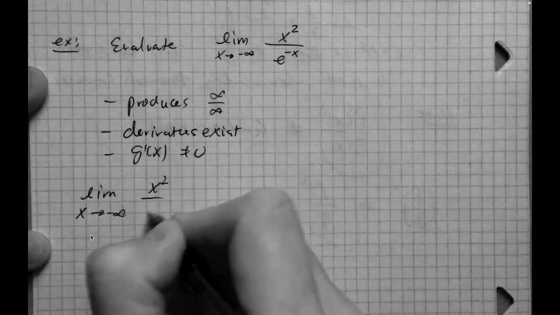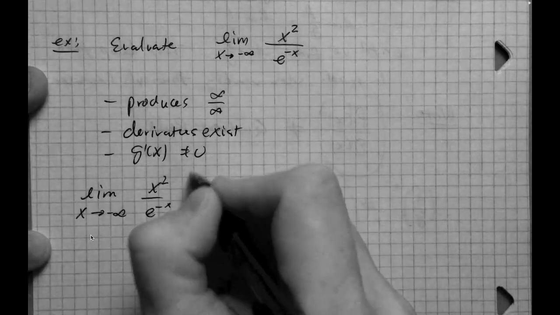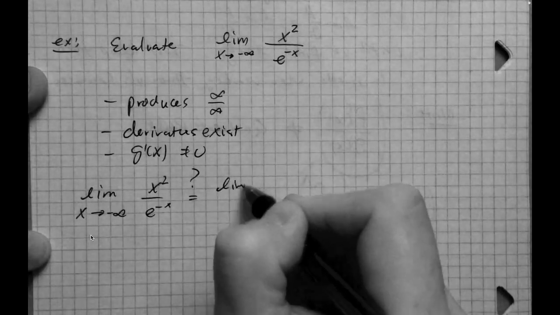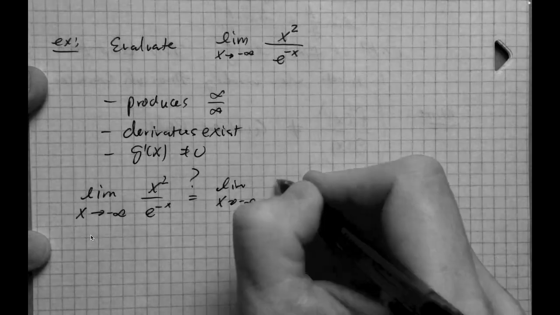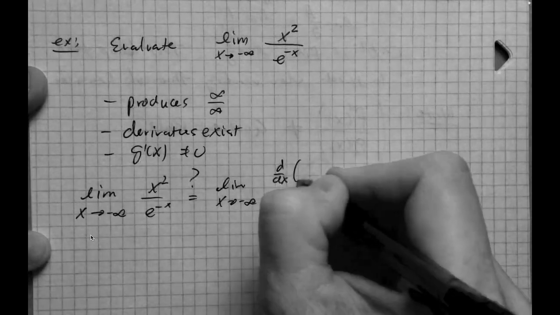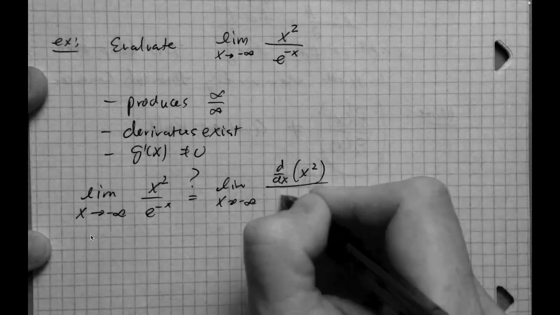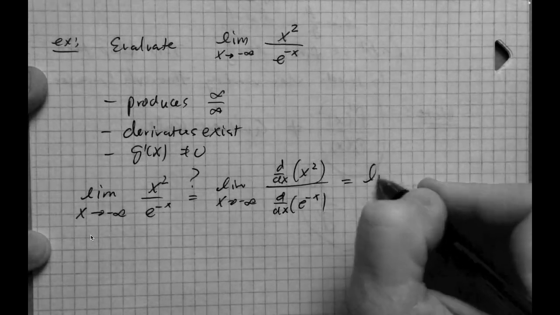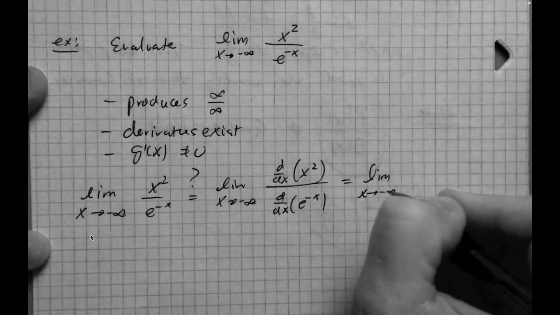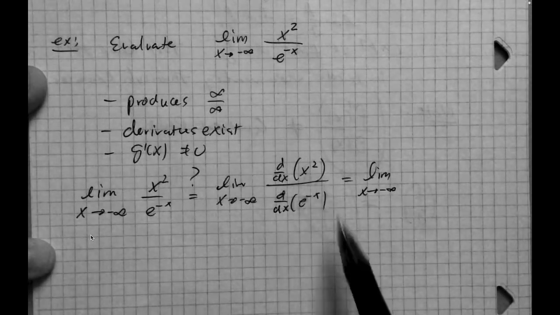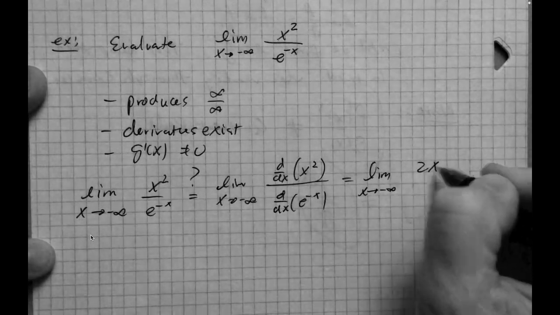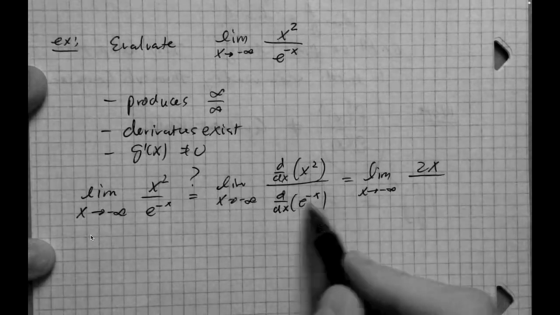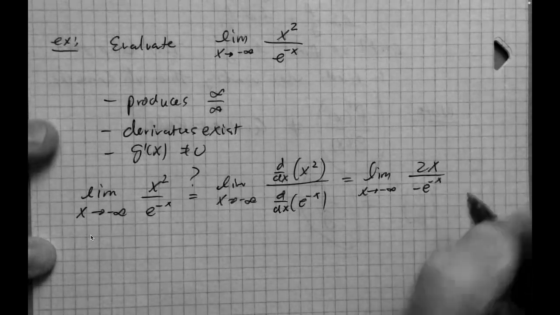So x squared over e to the negative x. We're going to differentiate this, like so. And what do we get? We get 2x on top, and down below it's negative e to the negative x.